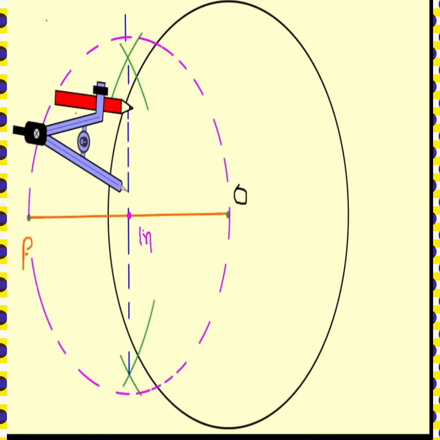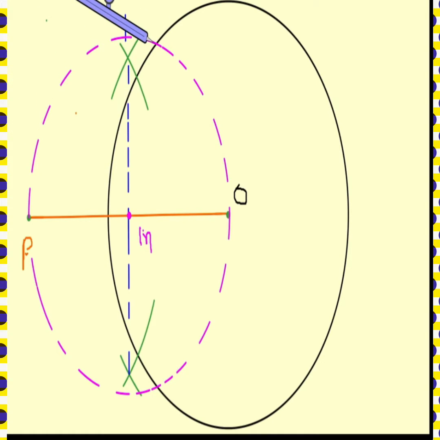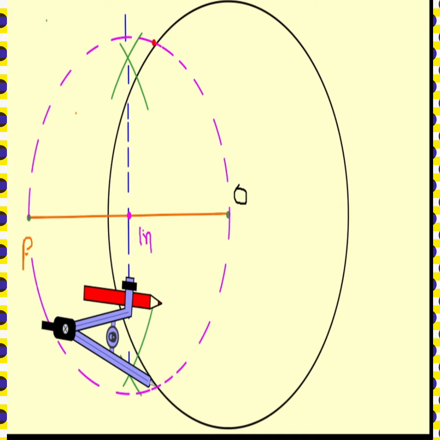Now you can see that you will draw a dotted circle which is passing through the points P and O. Okay, and this dotted circle, that is the pink circle, intersects the previous circle which you can see in black color, at 2 points. These 2 points you can mark, this is the first point with the red dot, and this is the second point, the intersection point.